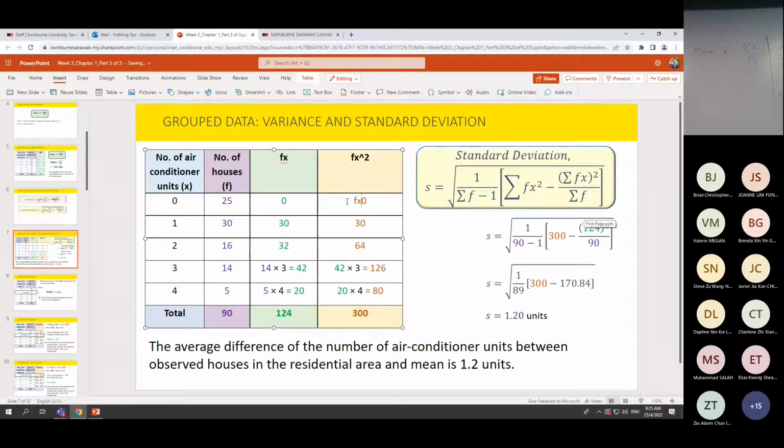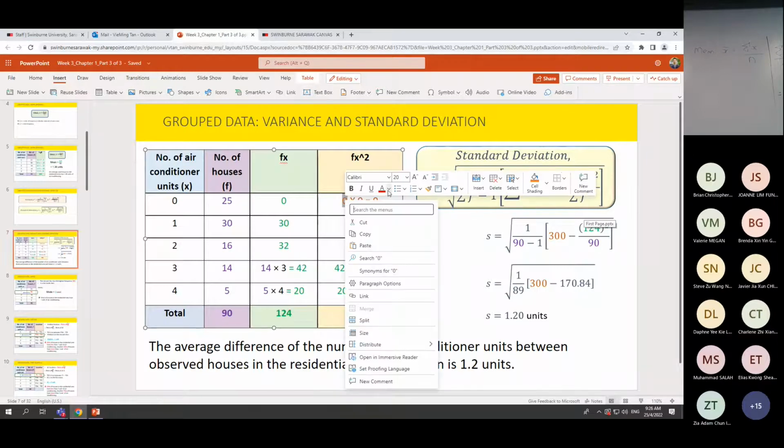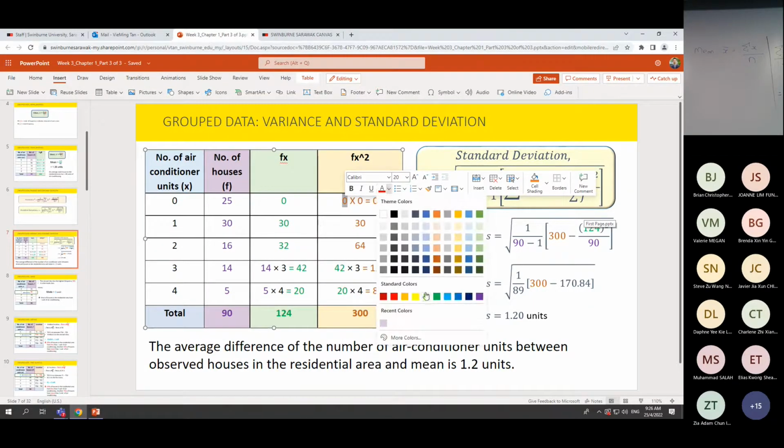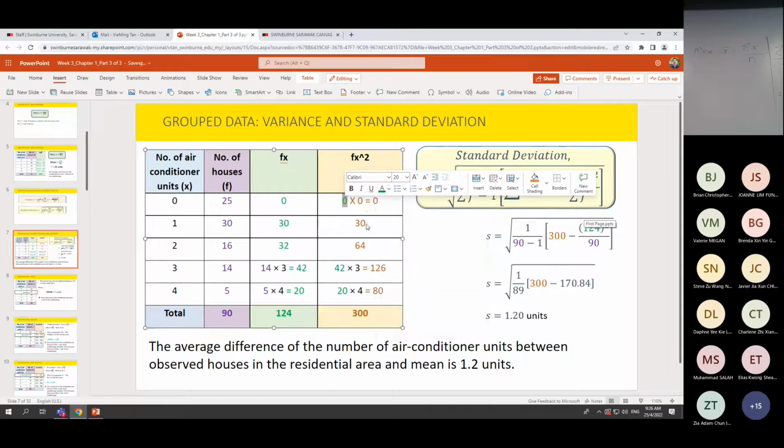So fx is equal to 0, multiplied with the blue column, 0 multiply 0. So the answer is equal to 0. In order to make it clear, I simply use green and blue. This is the green one. This is the blue one.